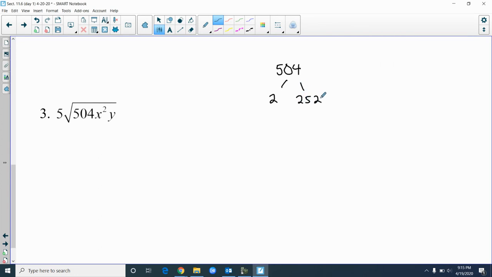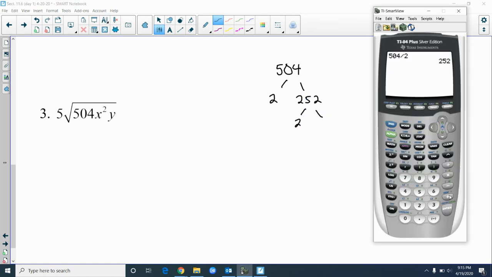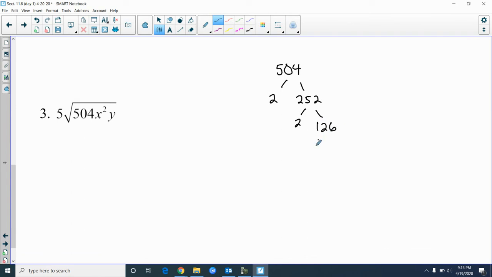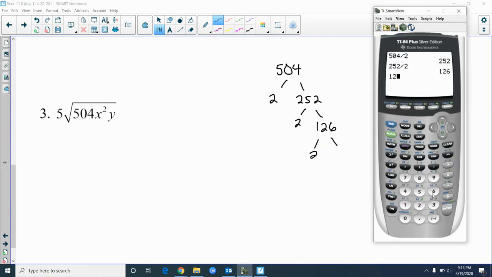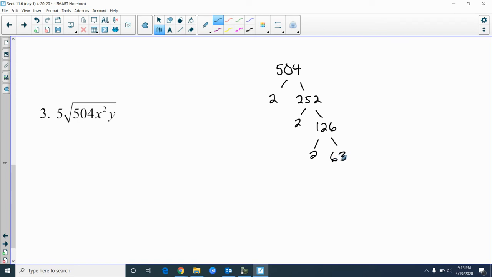And now I have to simplify 252. Well, that is 2 times what? Let's see. 126. And then that's going to be 2 times 63. Now what's 63? That's 7 times 9. And don't forget 9 is 3 times 3.